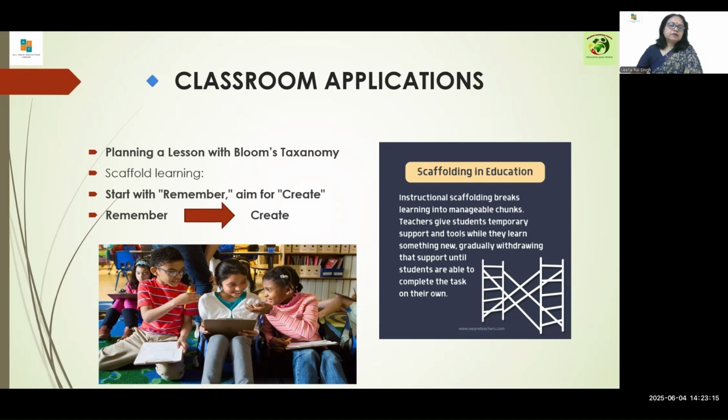That is, the objective is from the idea to remember the facts, and then finally reaching to create. So it says start with remember and aim for create.